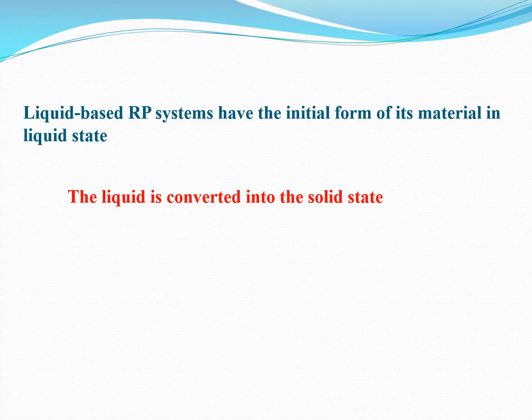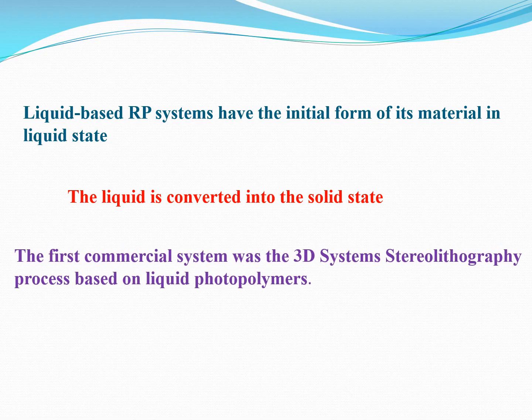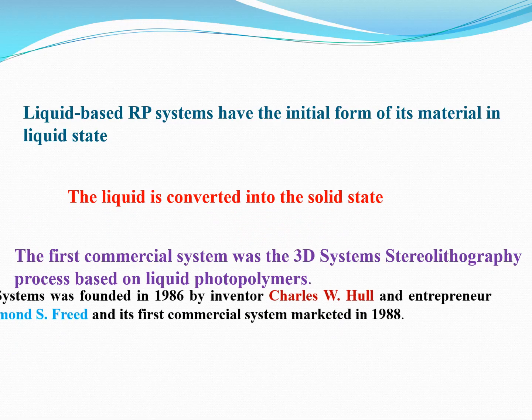After that the liquid is converted into solid state. The first commercial system was the 3D Systems stereolithography process based on liquid photopolymers. That means liquid converted into solid.